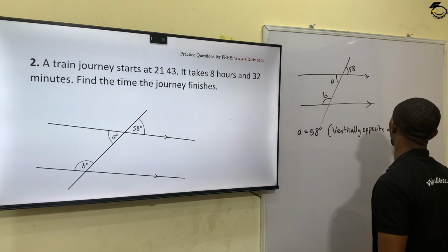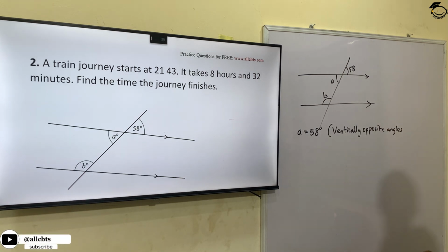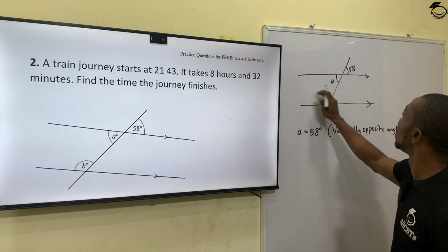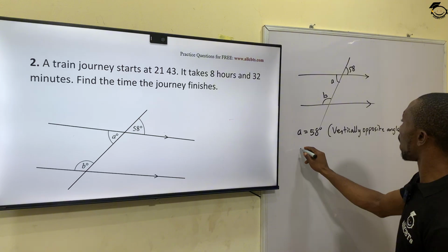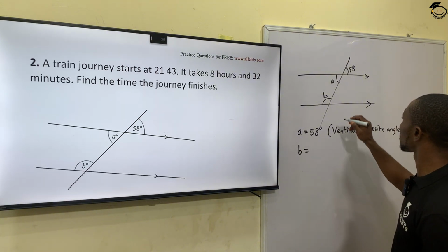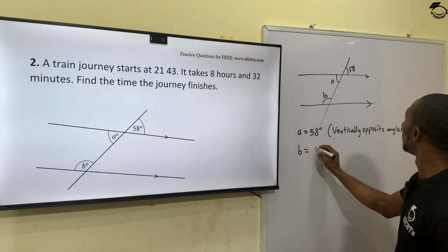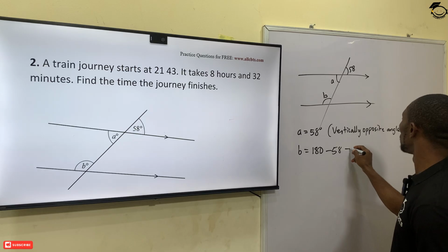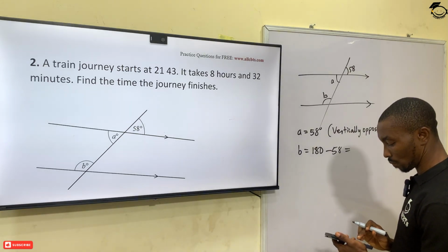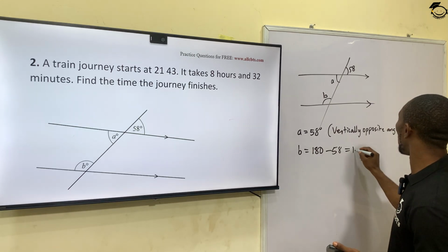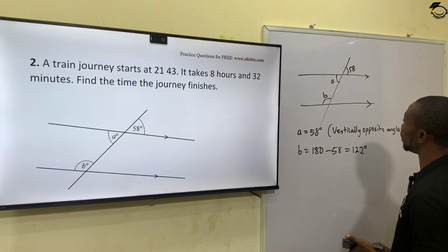Now, if angle A is vertically opposite of 58, for angle B we have 180 minus 58, to give us 122 degrees.